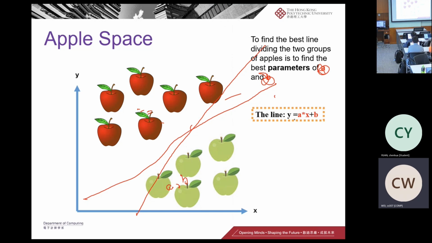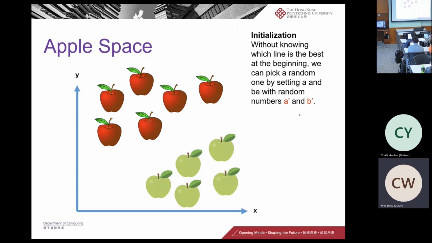So the purpose here is to find A and B, which is the best. But at the very beginning, we don't know which is the best. We can randomly draw a line, meaning that we can give a random a prime and b prime, because those a prime and b prime will give you a line.